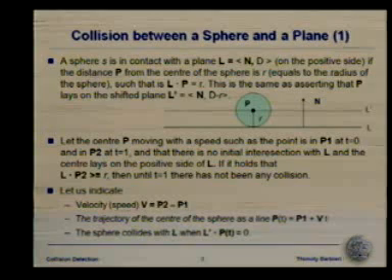Otherwise, if I have a solution for t between 0 and 1, it means that I have a collision. Be careful that if you use that time to calculate the position of p at the time of collision, what you have is not the point of collision.